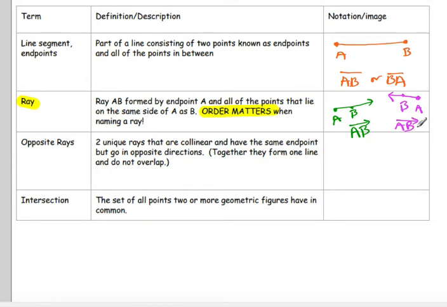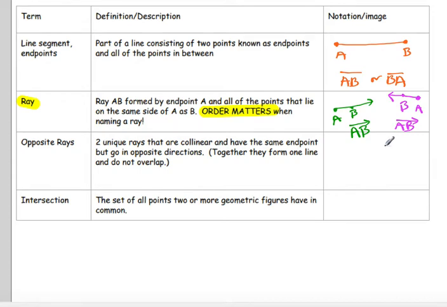That's why the arrow's there. Versus the segment, here it says begins at A, ends at B, A to B. Begins at B, ends at A, B to A. It's the same segment whether you're going to the left or the right when you name it. With the ray though, if I had said BA, I'd be going in the direction of A, going the wrong direction.